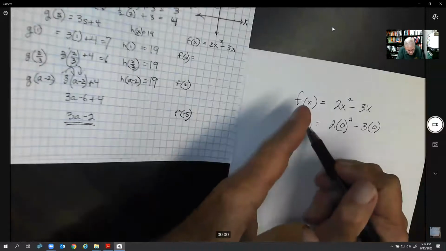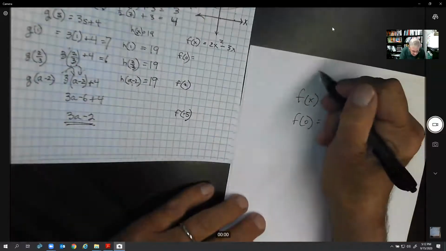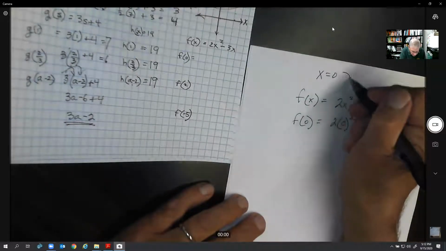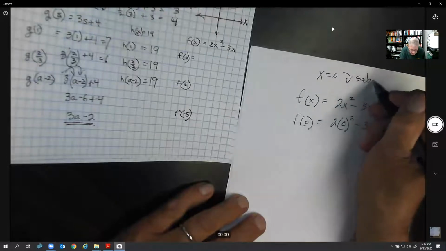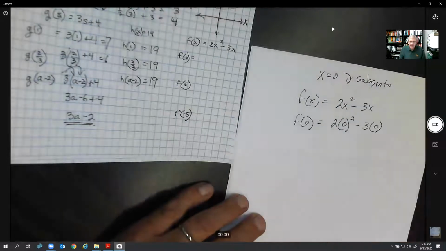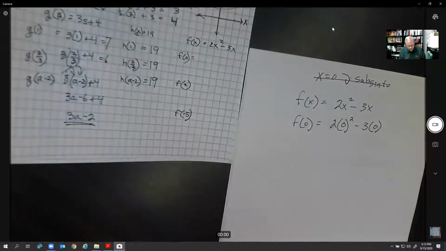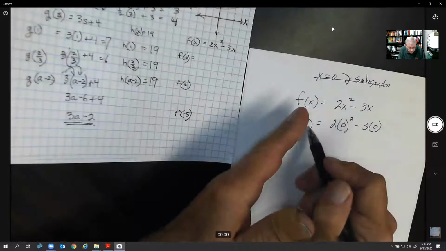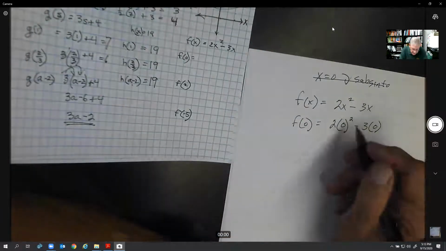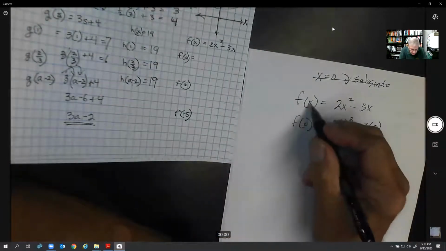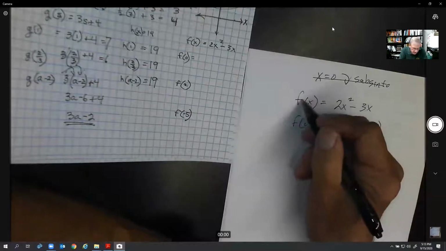It's telling me what to put in here instead of writing directions. So I get x equals 0, substitute in. Instead of all that, see in math, we try to be very concise. So this is saying put a 0 in place of all the x's if it was function of x. And this could be g of x.